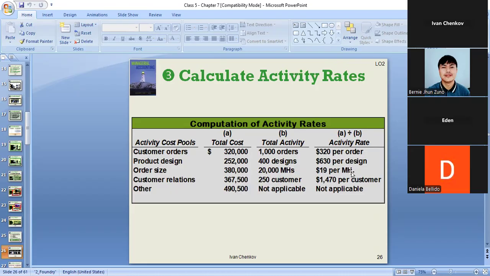Every machine hour that I'm using the machine. In order to establish the customer relationship, it's going to cost me $1,470 per customer. And for the other, that is not applicable at all. And that's how we're doing this.